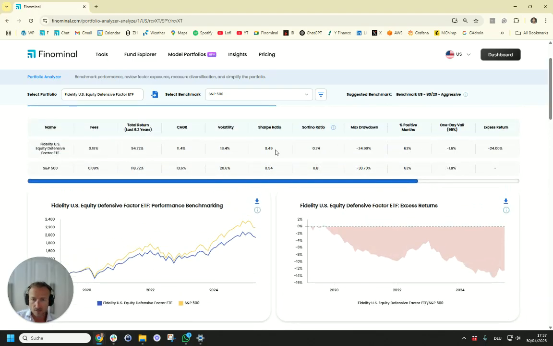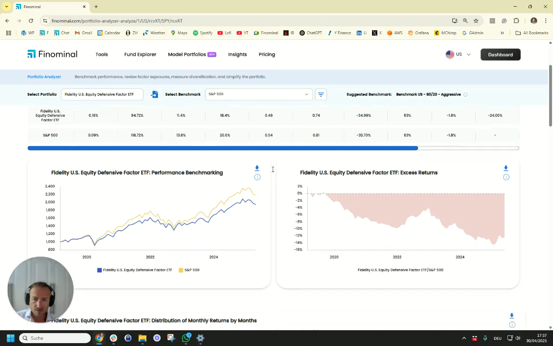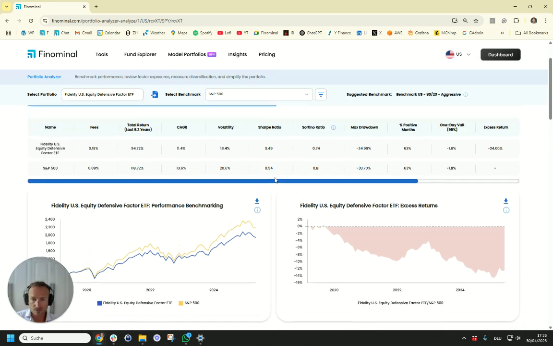We can also see that the Sharpe ratio of this portfolio over the last 6 years was 0.49 versus 0.54 for the S&P 500. Having said that, given that this is a defensive portfolio, the aim is not to outperform the market. It's to provide perhaps better risk-adjusted returns, which it didn't do, or perhaps lower drawdowns in periods of market stress.